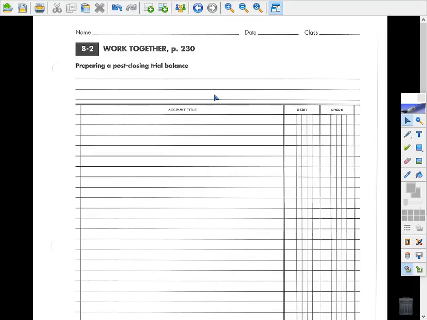And so that's going to be at the top of our post-closing trial balance, the name of the business, as usual. And then the name of the form will go next, and that's post-closing trial balance.